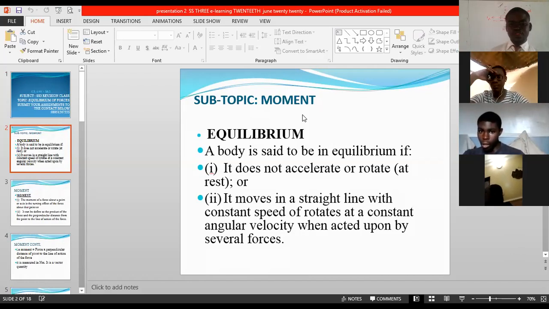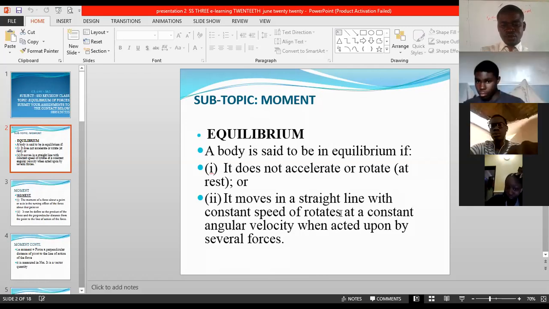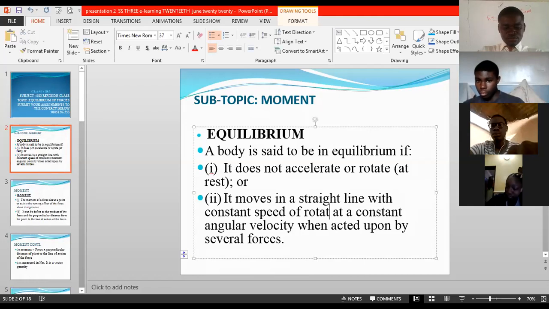Then number two, a body is said to be at equilibrium if it moves in a straight line with a constant velocity, or rotates at a constant angular velocity, when acted upon by several forces.